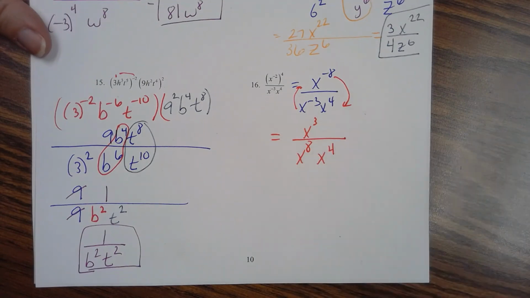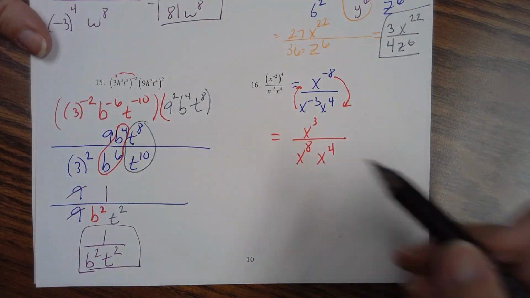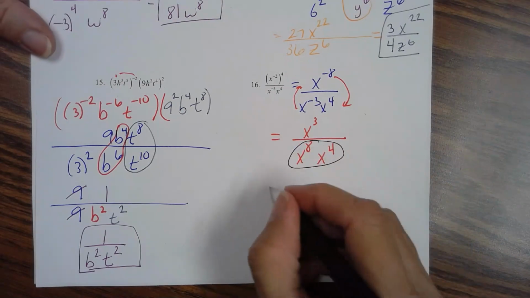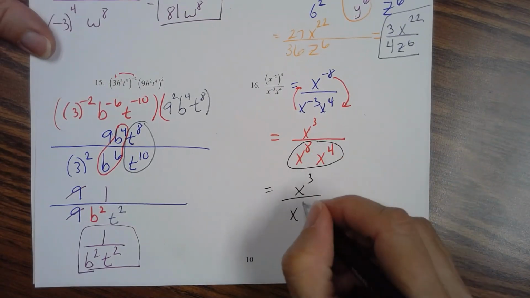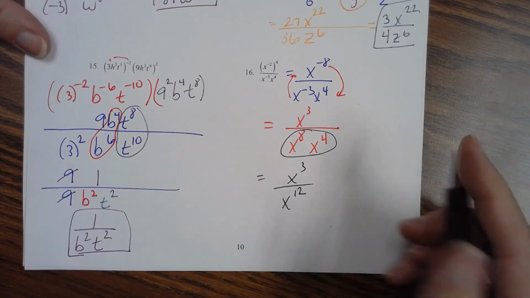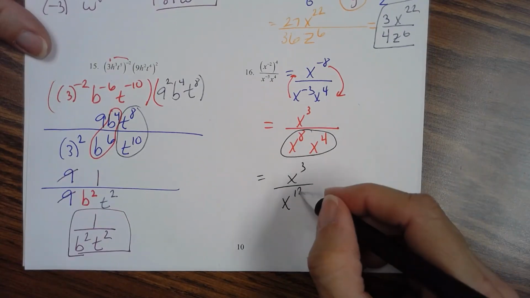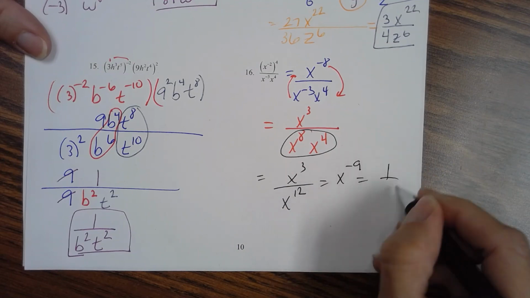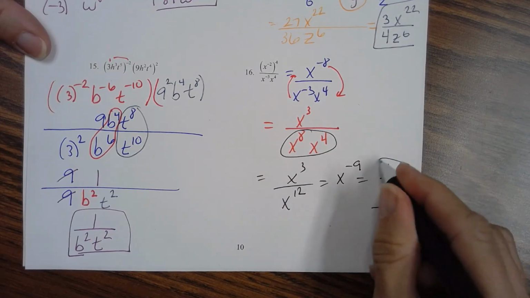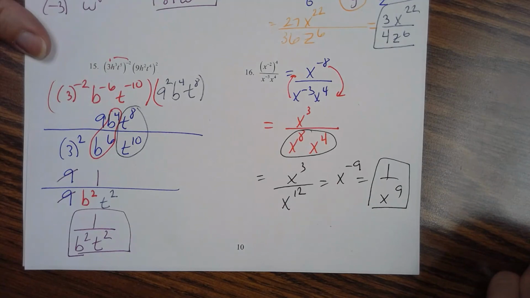Now which direction you go is up to you. What I would do is when I'm multiplying, I add powers. So I get x to the 8 plus 4 is 12. And then when I'm dividing, I subtract. 3 minus 12 is negative 9, so x to the negative 9. So that's just going to go down and become 1 over x to the positive 9.